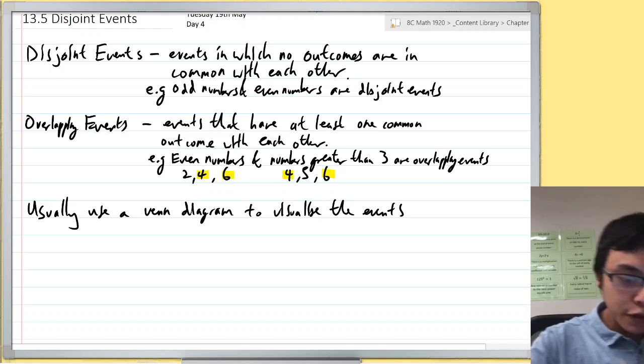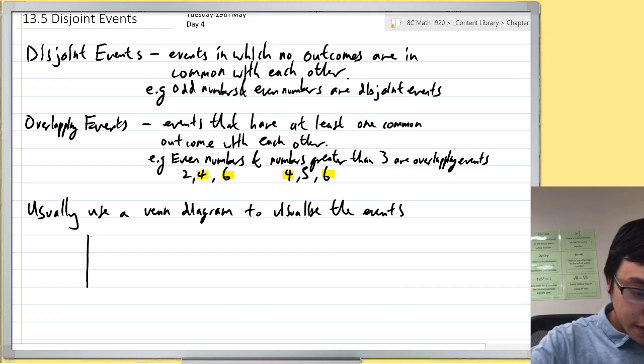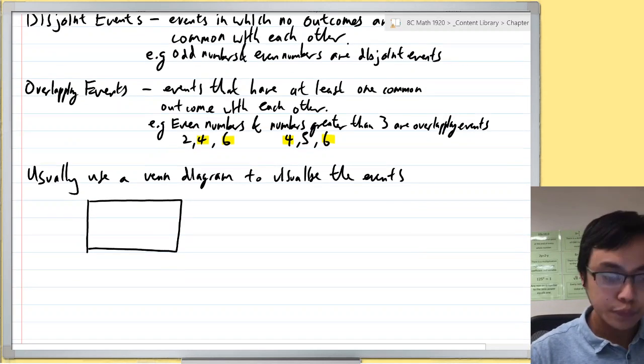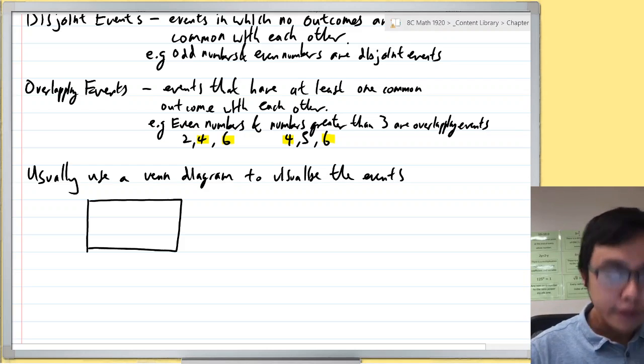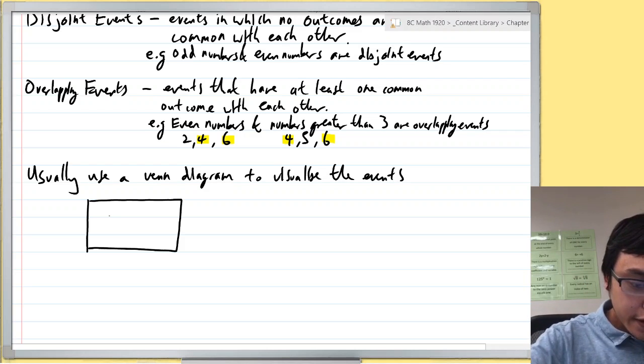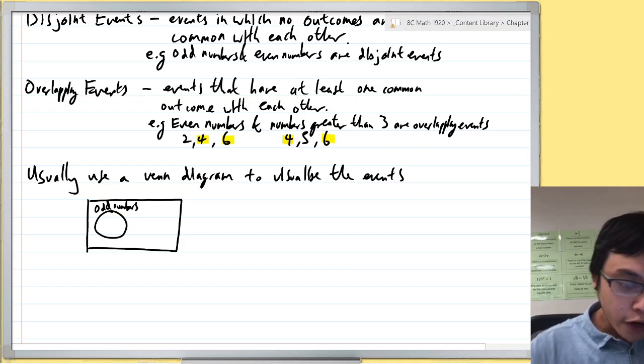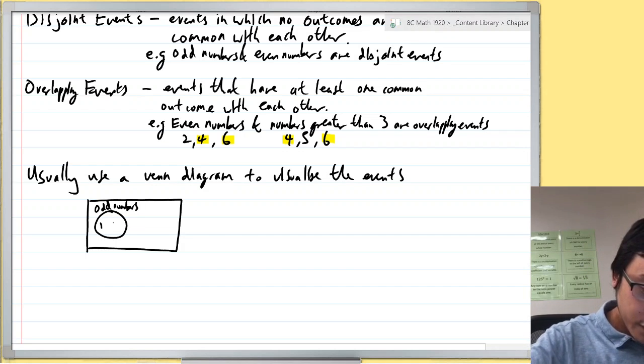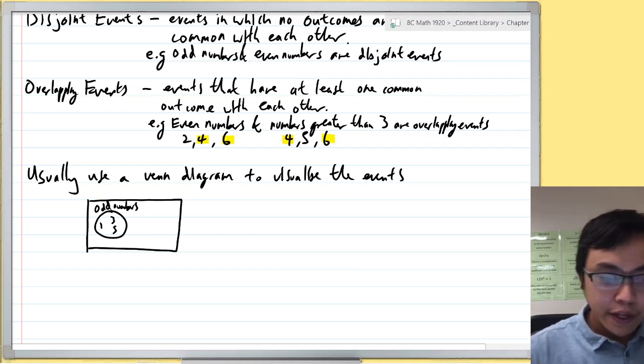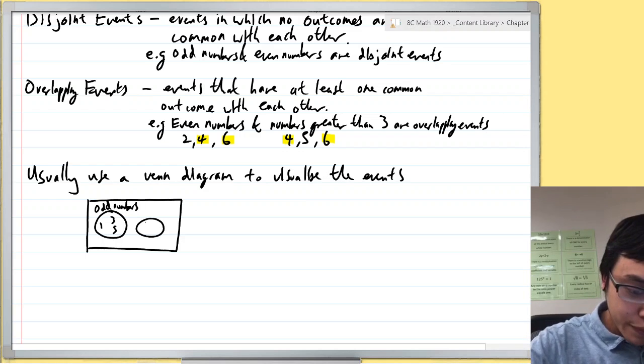So for example, if we're talking about disjoint, let me create our space over here. We have event A, which was odd numbers. Inside odd numbers, we have 1, 3, and 5. And then we also have even numbers over here.